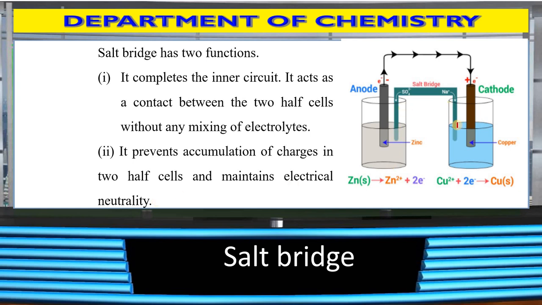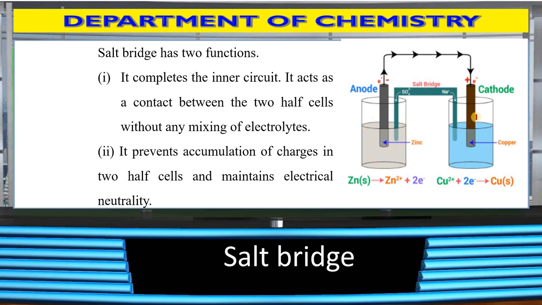Means without using salt bridge, when we complete that circuit, the negative electrons will move towards the cathode, and at a particular time the whole negative charge will move from the anode to cathode. After some time, cathode compartment will carry whole positive charge and this anode compartment will carry whole negative charge.